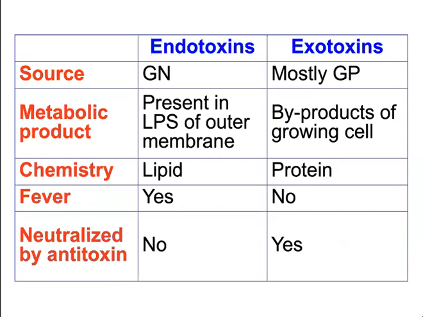So, endotoxins are, since part siya ng lipid A moiety, more on lipid ang kanyang components, while si exotoxin is protein by nature. There's no fever sa exotoxins. However, pag affected tayo by endotoxins, it can actually cause an increase in temperature. Okay? Ang exotoxins is neutralized by antitoxins. Okay? However, ang endotoxin is not.